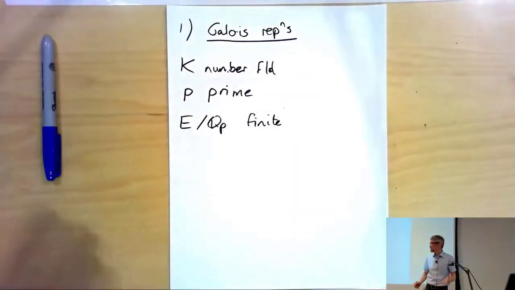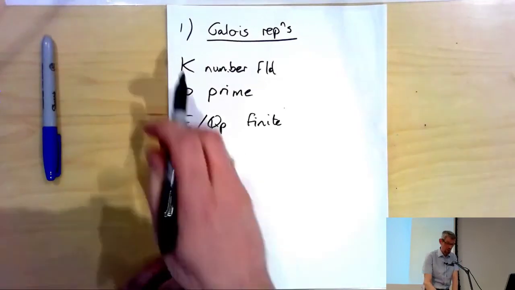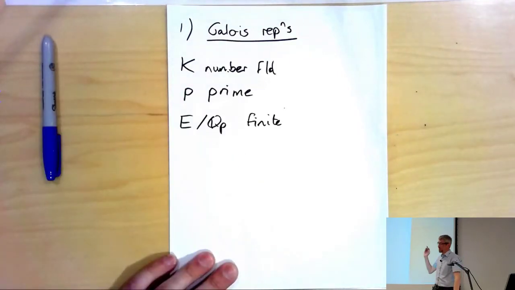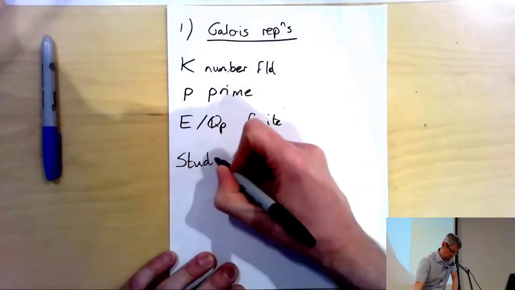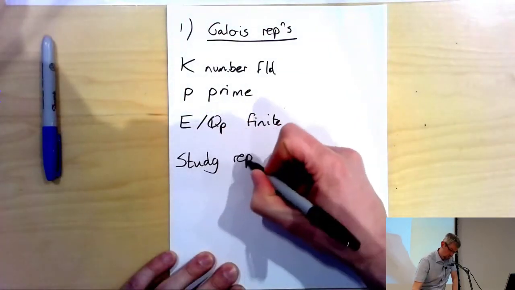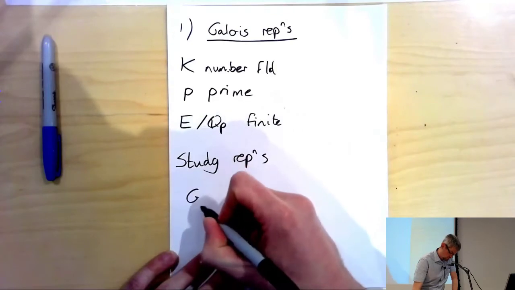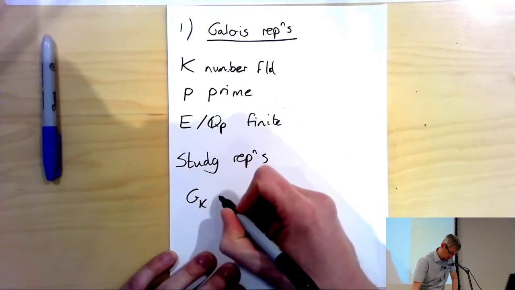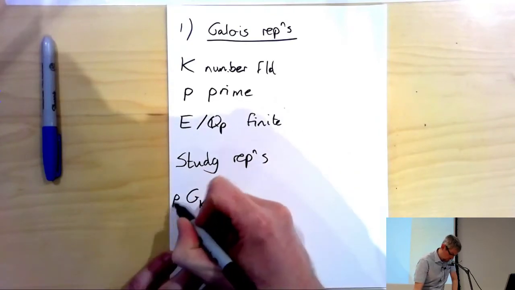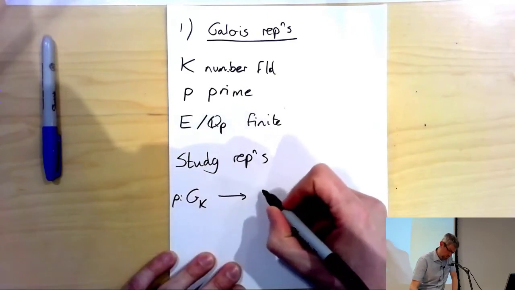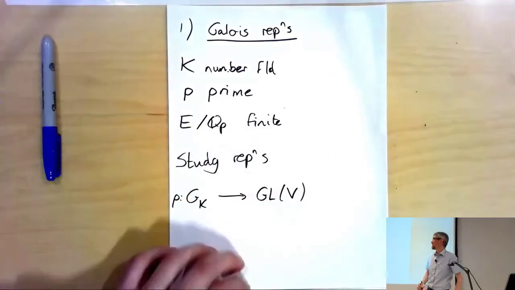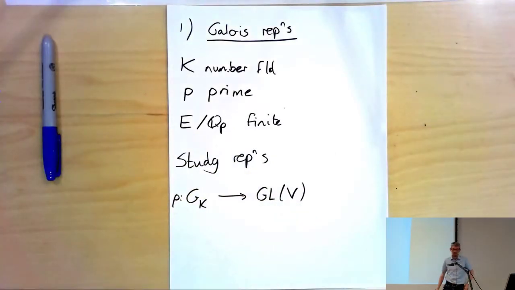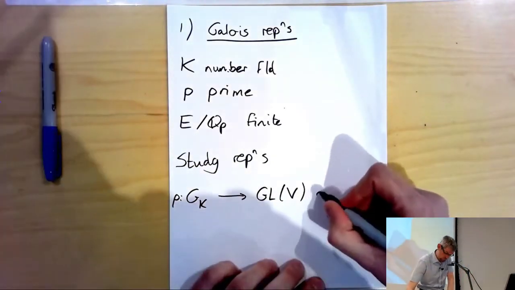And we're going to look at representations of the Galois group of K on vector spaces over E. So rho from G_K to GL(V), where V is an E-vector space.